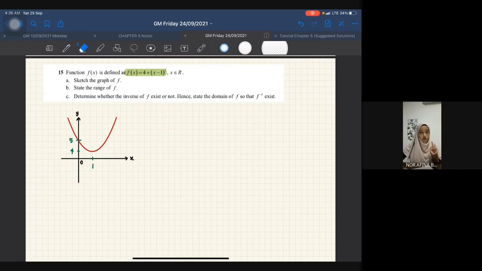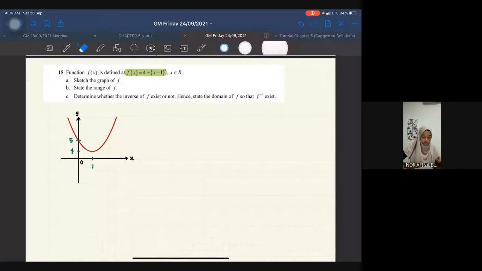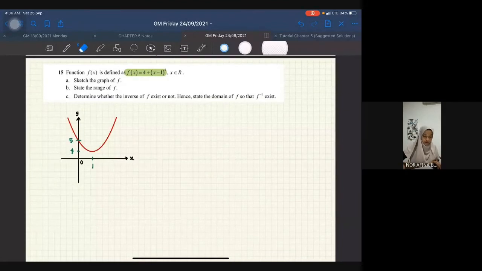Okay, so first adalah shape, and then awak cari dia punya minimum point, and then you sketch, and then you find the intercept. Okay, so awak buat satu-satu. Okay, so kat sini saya nak cepat sikit. So saya lukis terus graph yang kita ada. So this is how your graph will look like. Okay, so kita dah settle the first part, which is the sketching graph. So this is part A.